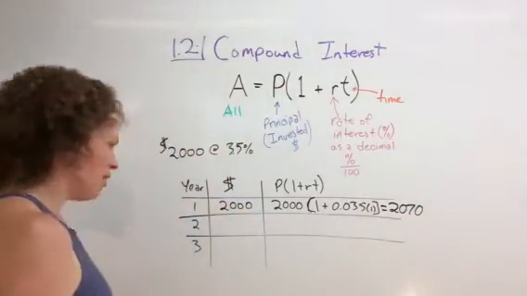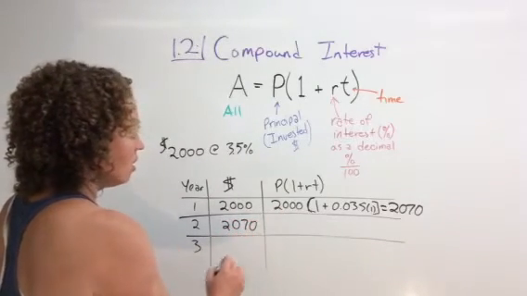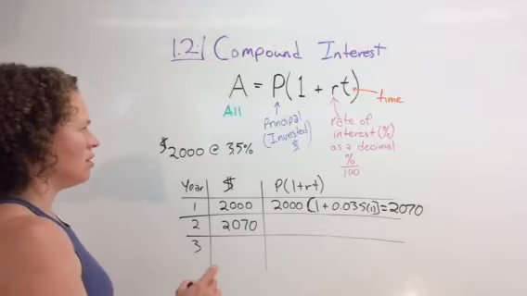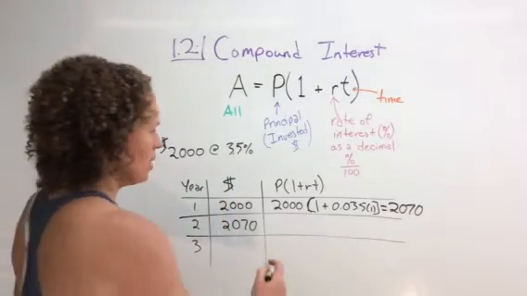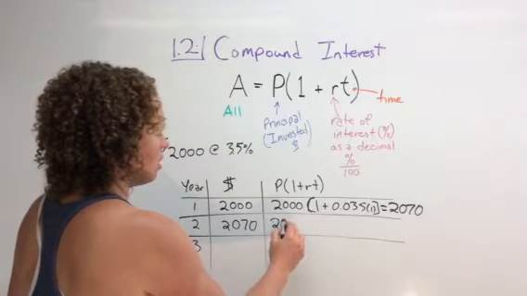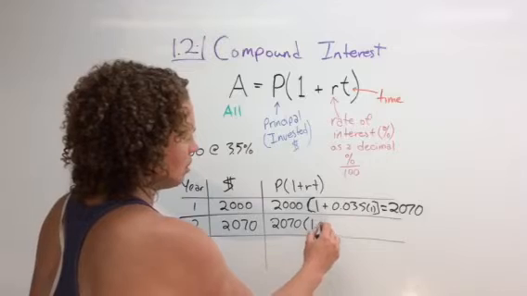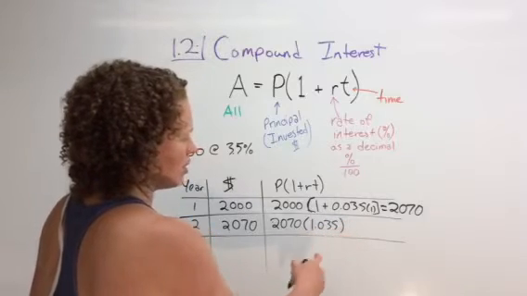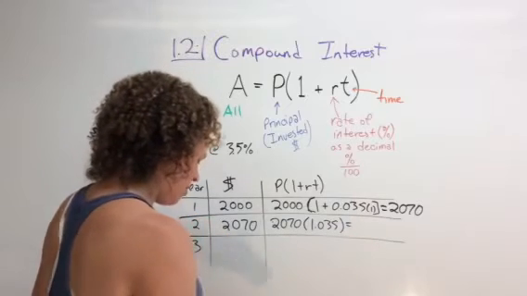Now that value is what you bring down here, because next year they're going to take 103.5% of 2,070, not just the same amount all the time. So then we take the 2,070 and multiply it by 1.035, because that's 1 plus 0.035, and find out what that equals.